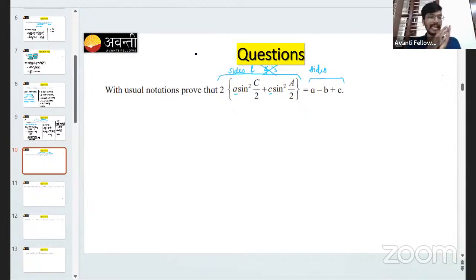I need to convert angles to sides. But the problem here is the angles are in half, A by 2 and C by 2. But in the sine rule, cosine rule or projection rule we do not know half angle formulas. That means I need to convert A by 2 to A and C by 2 to C. That means I need to use the half angle formula.